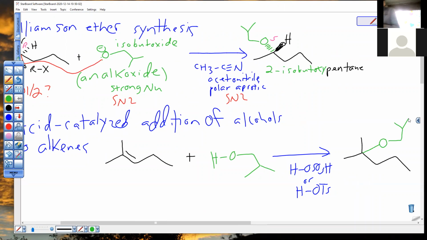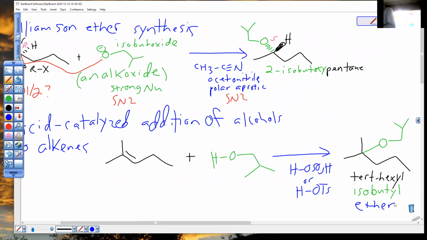This is isobutyl tert-hexyl ether. Tert-hexyl is its common name. Tert-hexyl isobutyl ether. It is 3 words. You could have also called it isobutoxy and methyl pentane, both on position 2.